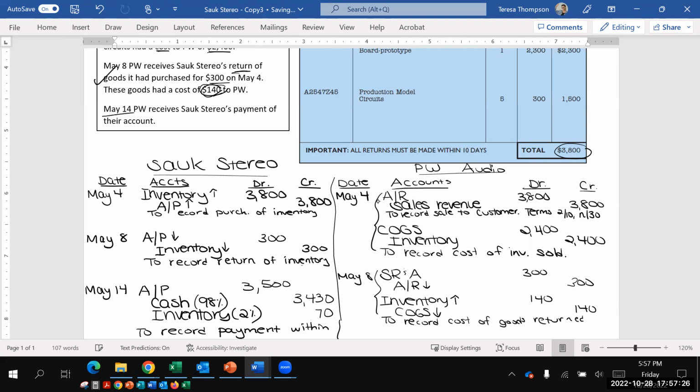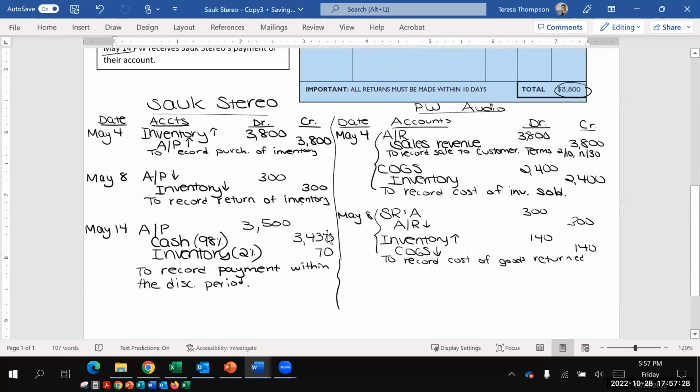Done with that one. May 14th, we received the customer's payment. And of course, we know it's in the discount period. We get cash. Woohoo! But the cash is going to match what Ch6 is recording. So it's $3,430. Why? Because we gave them a sales discount. So record your sales discount of 70 and reduce the customer account by the net amount owed, which was $3,500.